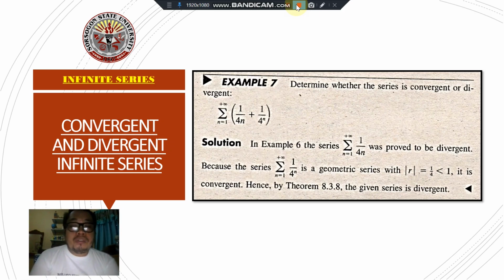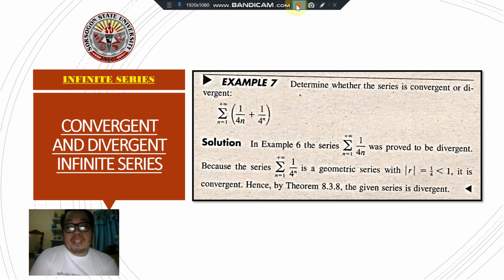For the solution, we have already found out on example number 6 that the series, the summation of 1 over 4n, where n equals 1 to positive infinity, was proved to be divergent, since that is a harmonic series being multiplied by a constant 1 over 4. Now, because the series, the summation of 1 over 4 raised to n, where n equals 1 to positive infinity, is a geometric series with the absolute value of r equal to 1/4, which is less than 1.